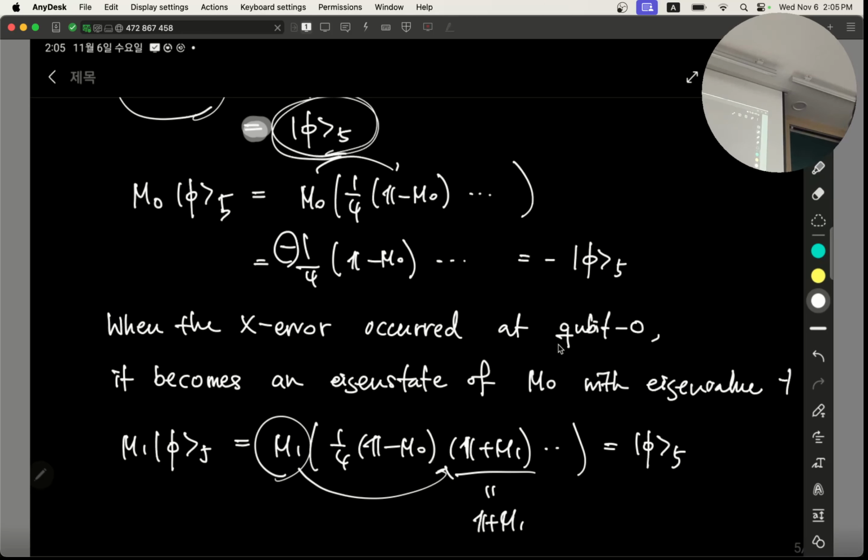Remember that phi is the state after we assume that the x error occurred at 0. As an eigenstate of m1, it doesn't change its eigenvalue.